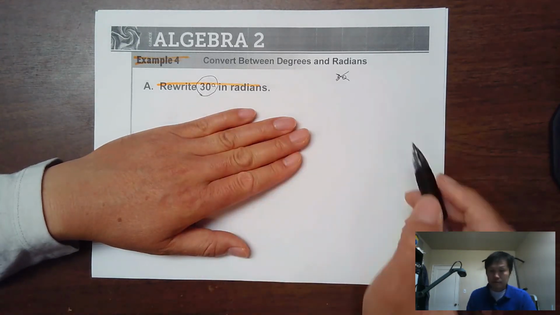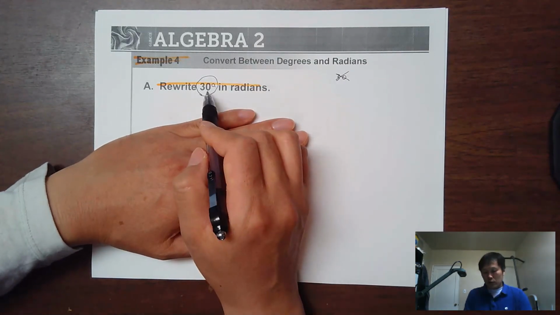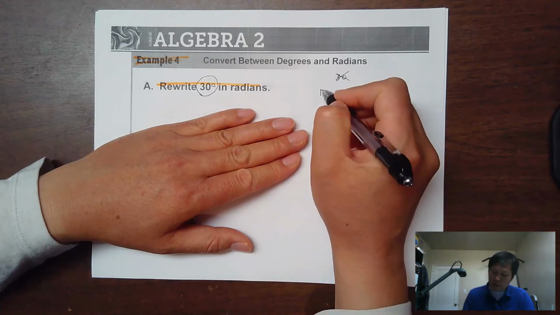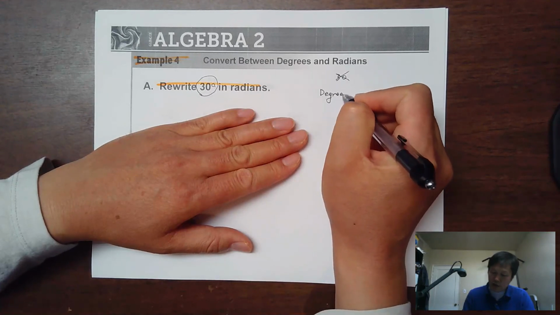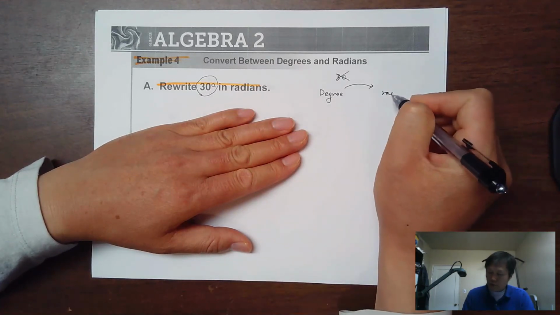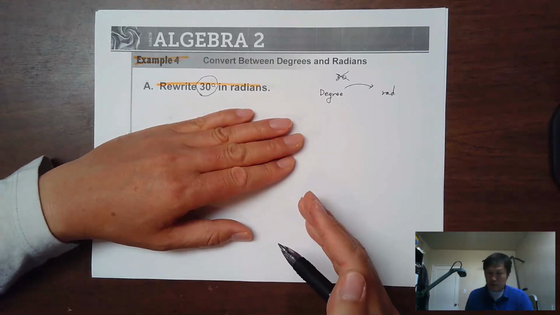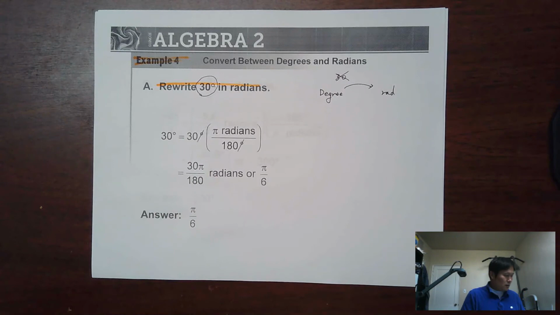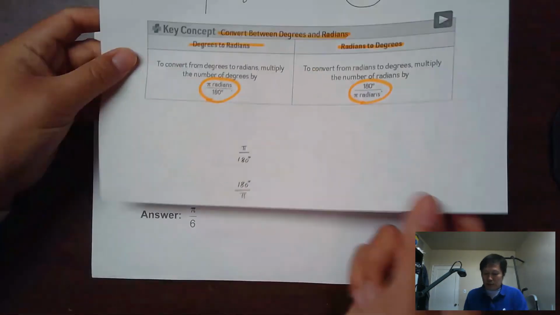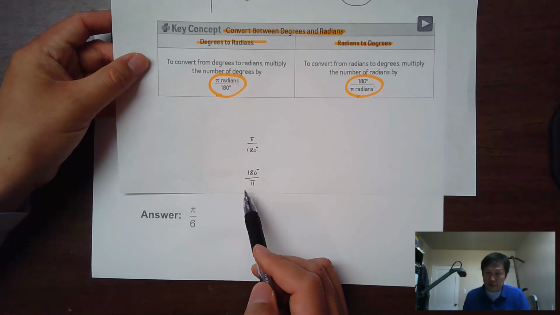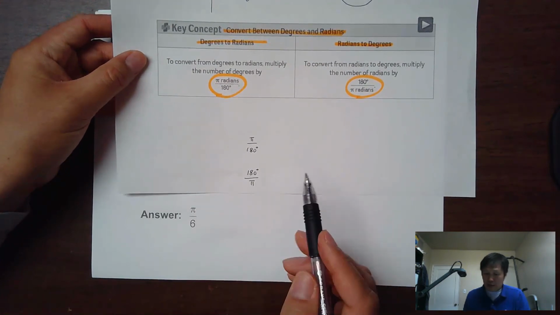Okay, so you know this is a degree and we are trying to convert to radian. So you should know which conversion factor we are supposed to multiply by. You need to know that.